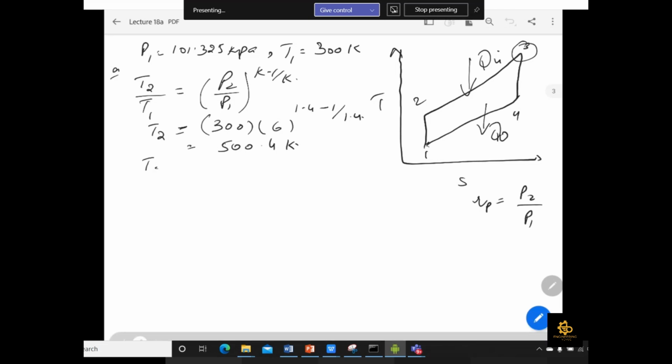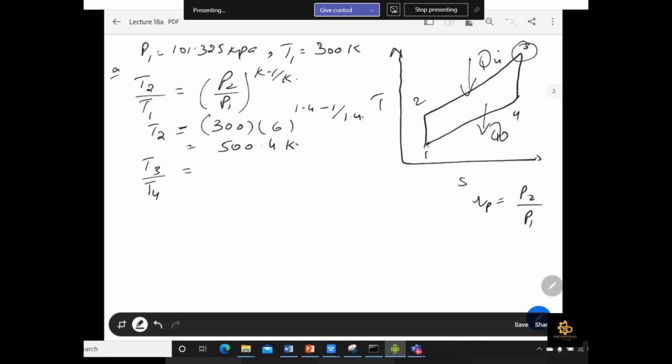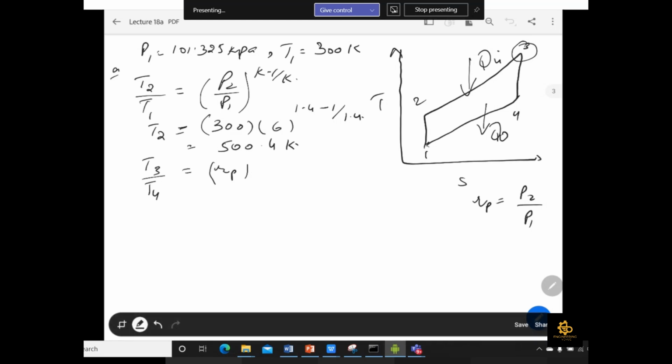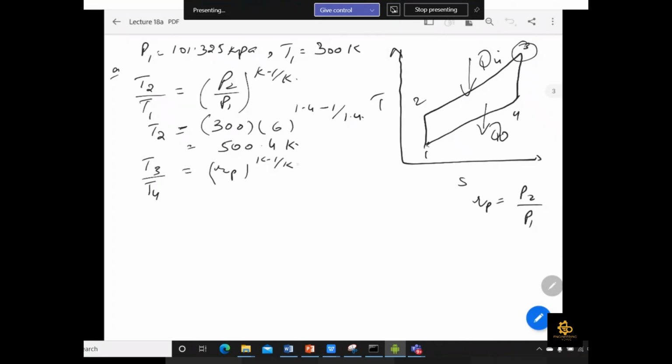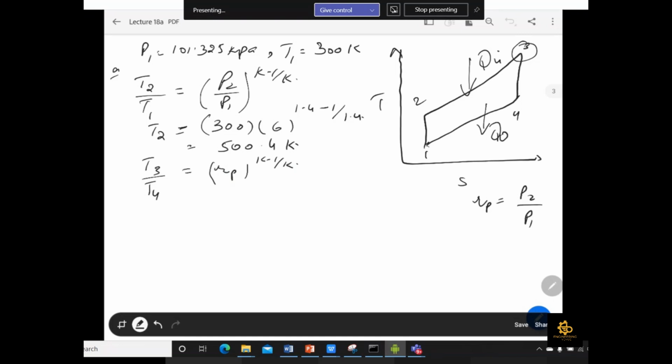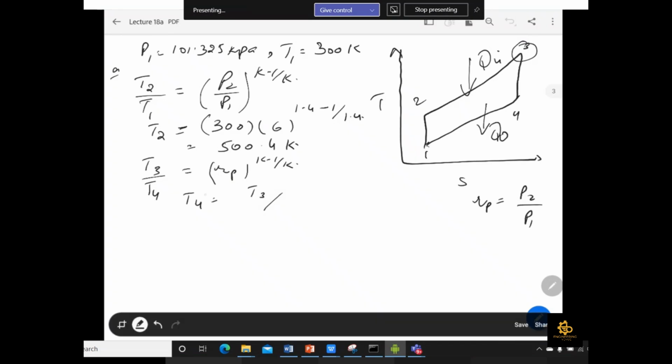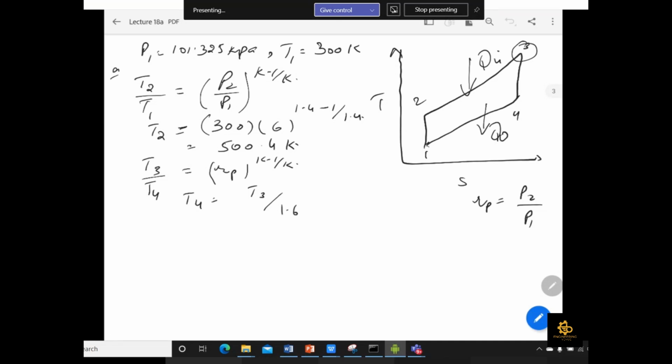So I can say that T3 over T4 is equal to P3 over P4, which is Rp raised to K minus 1 over K. We have to find T4, so from here I can say that T4 is equal to T3 divided by Rp raised to K minus 1 over K, and if I simply put in the value of Rp, which is 6, and solve it, it will be equal to 1.668.